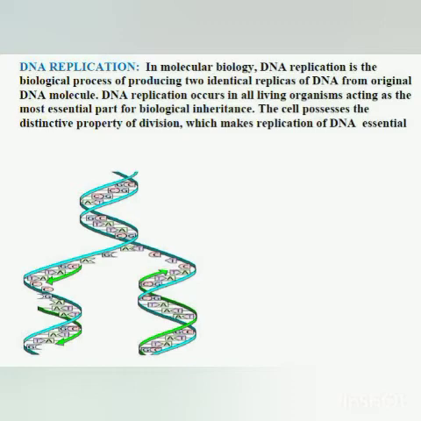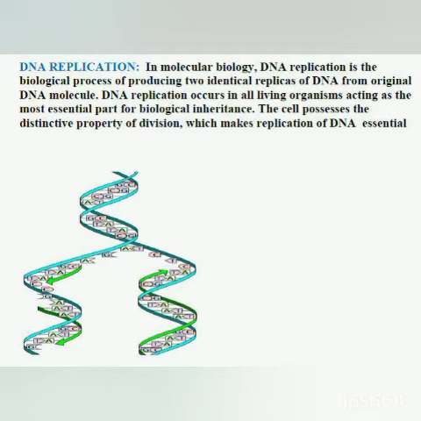And as this formation of the new strand progresses, the rest of the parent DNA also uncoils. So here you are seeing that on the old strands, the new strand starts forming, and this new strand again coils with the parent strand. So now you will see that two exact copies of DNA are formed.